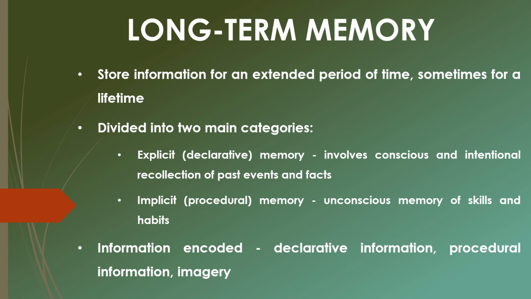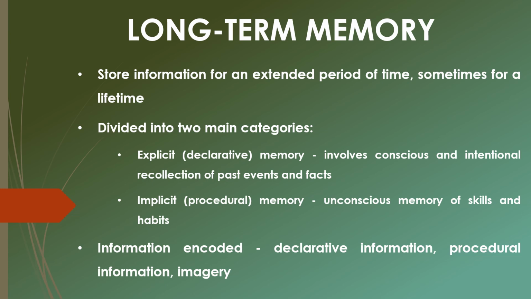The explicit memory involves conscious and intentional recollection of past events and facts. For example, remembering your best friend's phone number when you intentionally try to memorize it, and recalling the name of your elementary school teacher that you intentionally try to remember. These are examples of explicit memory. That is, it involves conscious recollection of the past event.